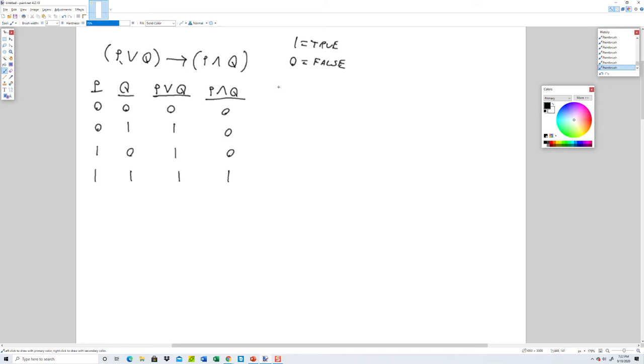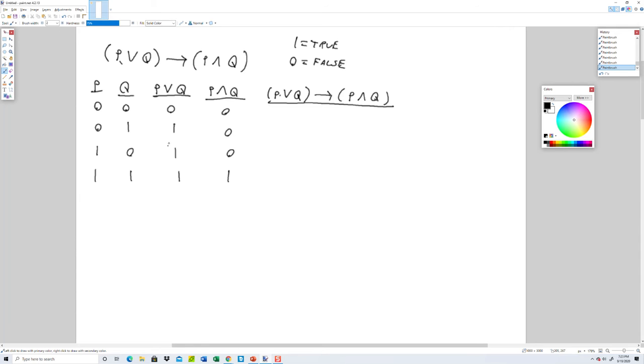Okay, now our actual implication. If, and then we got inside parentheses here, if P or Q, then P and Q. Now from the book, what the implication says is basically it says in particular the only way for if P then Q to be false is for P to be true and Q to be false.